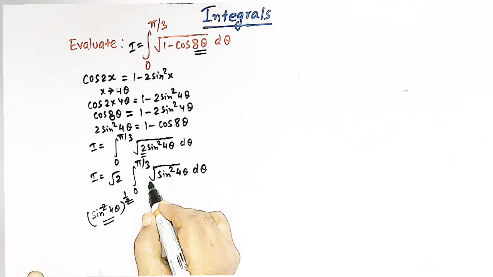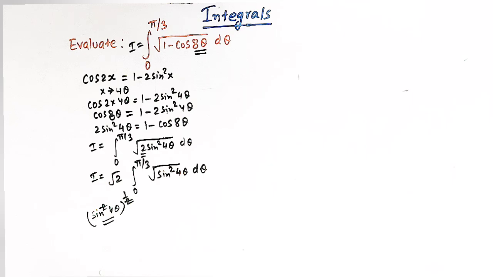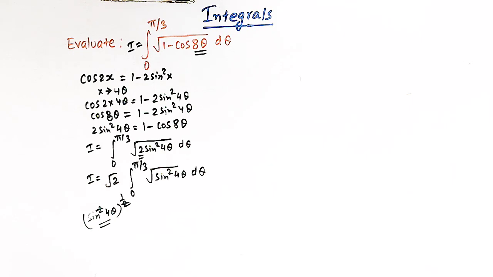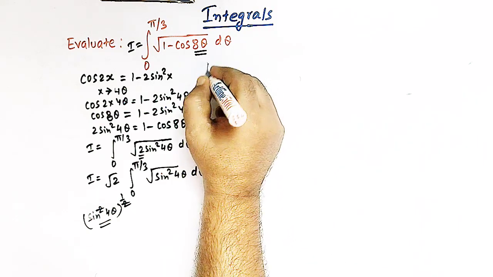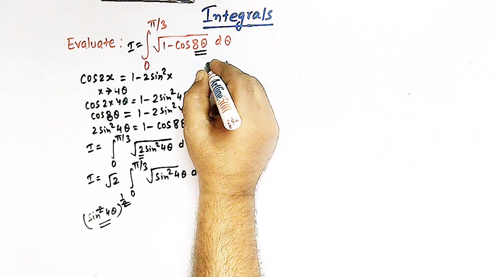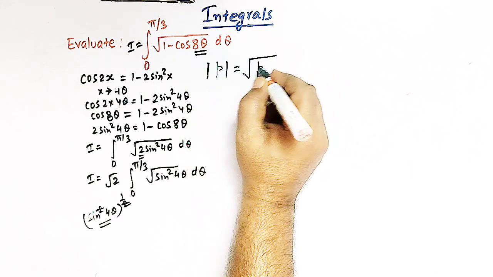So we will make use of the definition of the mod function. Mod of p is defined as the square root of p square.